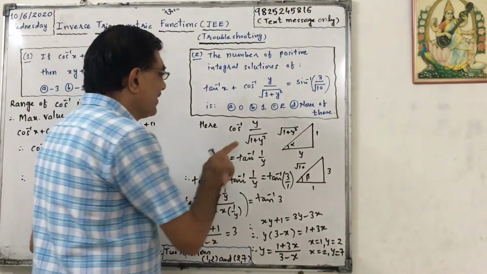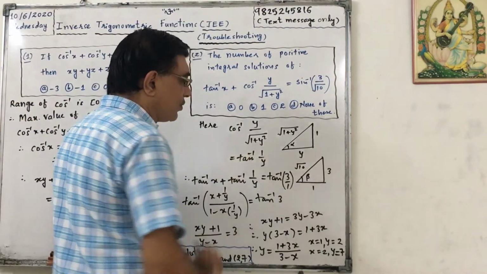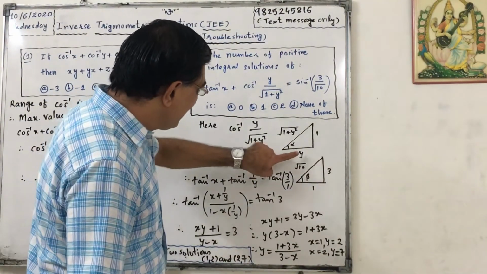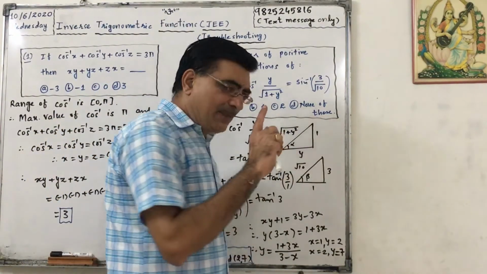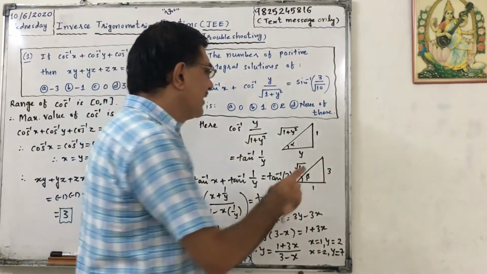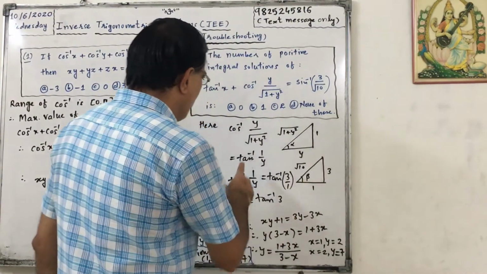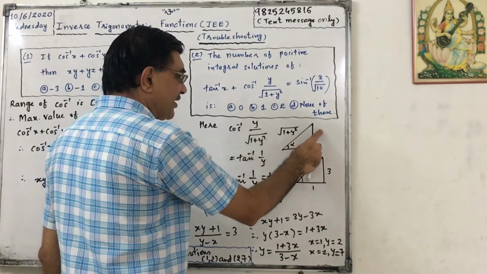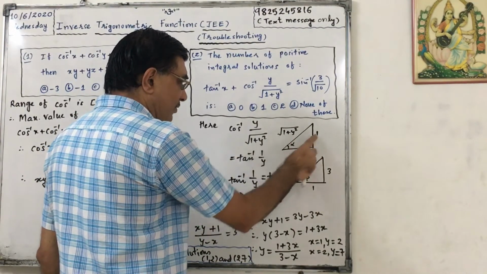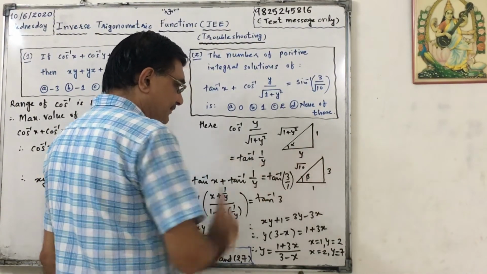See, cos inverse of y upon square root of 1 plus y square, so adjacent side upon hypotenuse. From this, applying Pythagoras, we can get here 1. So cos inverse of y upon square root of 1 plus y square can be written as tan inverse of 1 upon y, opposite side upon adjacent side.